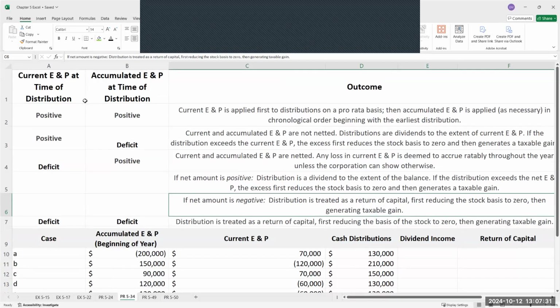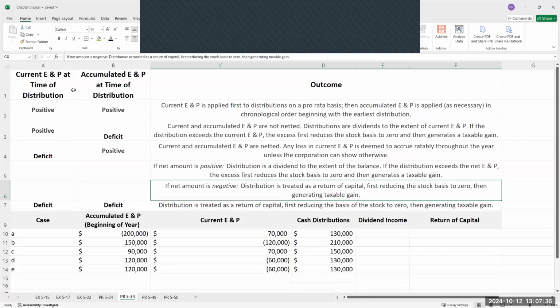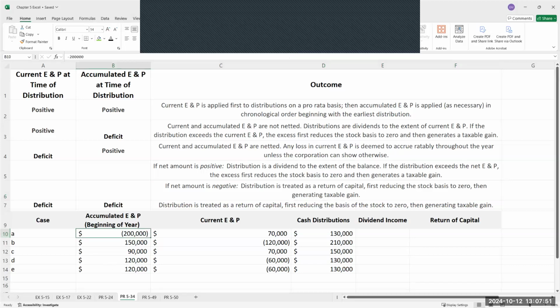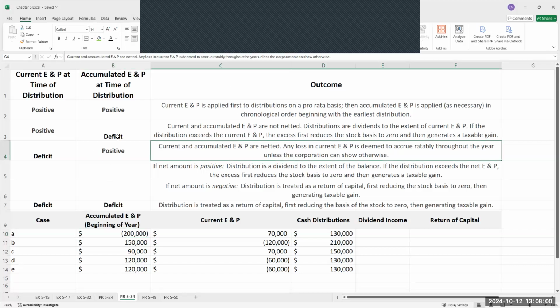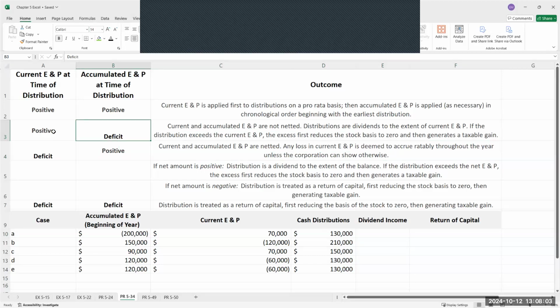In this case, we're going to have to factor in the current E&P and the accumulated E&P, because distinguishing between the two has a great impact on how the amounts are treated for tax purposes. In this first scenario, we have a deficit in the accumulated E&P and a positive current E&P. So we look at the fact pattern. If there is a deficit in accumulated E&P and positive current E&P, how is it treated?